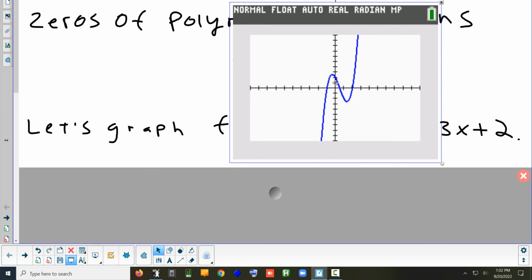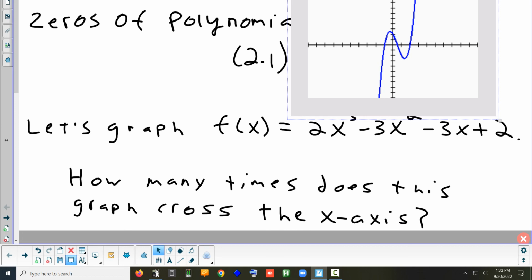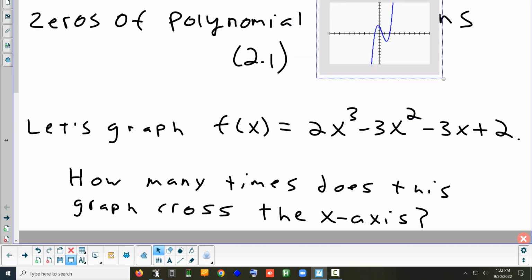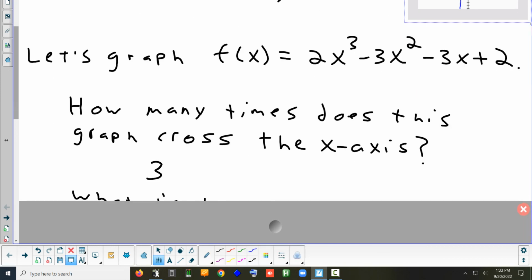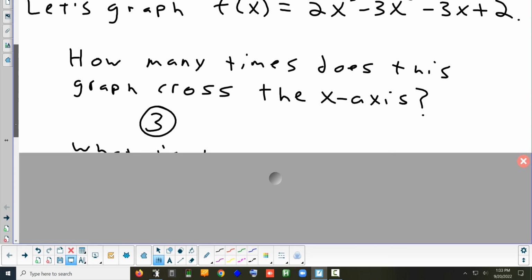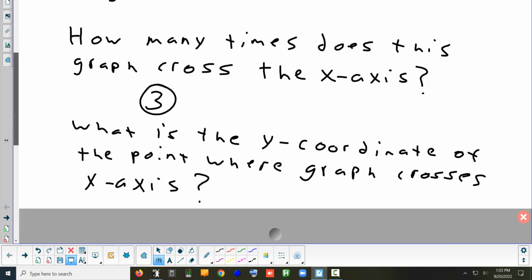Okay. So a couple things I want to look at. First, I want to look at how many times does that graph cross the x-axis? Yeah, crosses 3 times. Now, if you think about all places where it crosses on the x-axis.